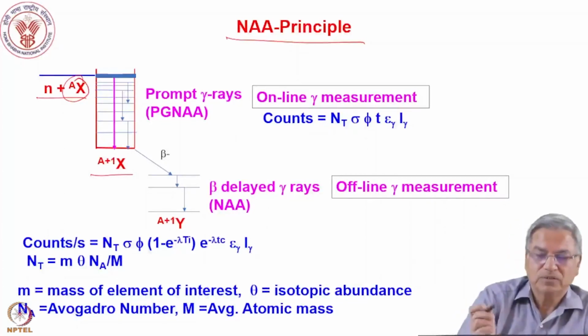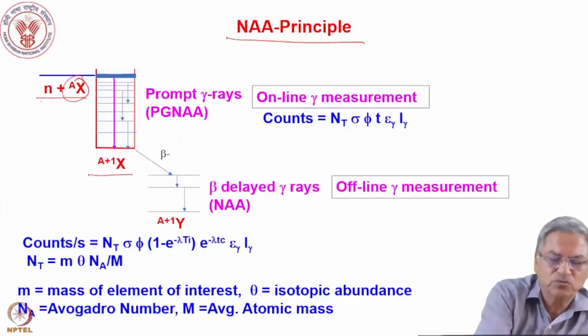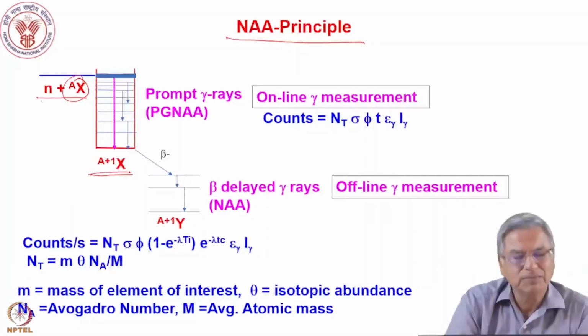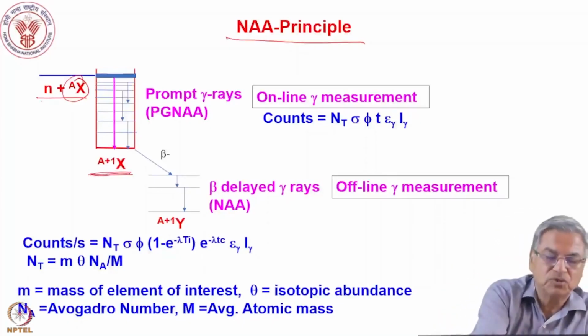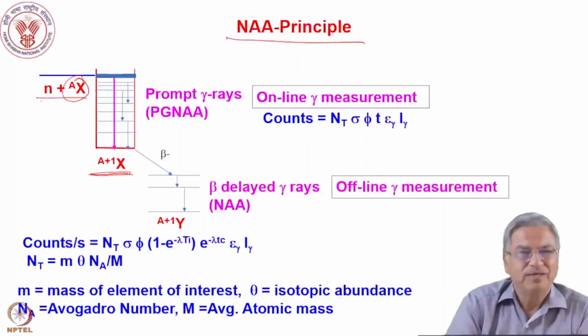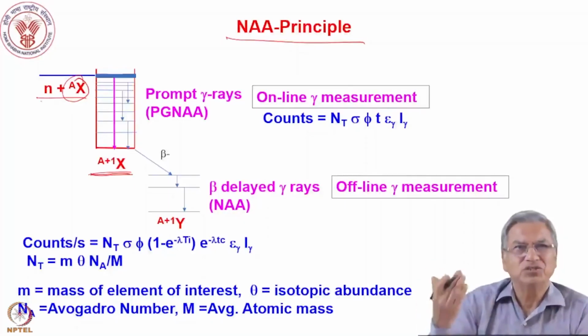So the reaction involves capture of a neutron by A X to give you A+1 X.